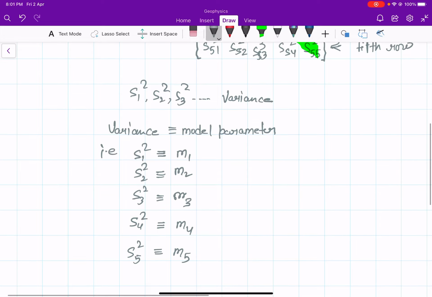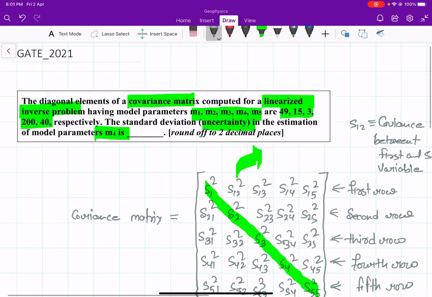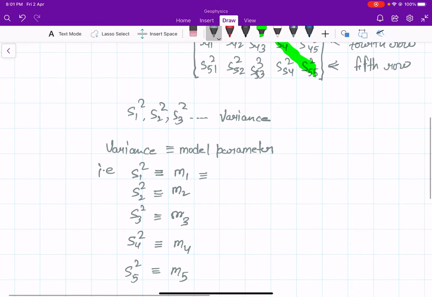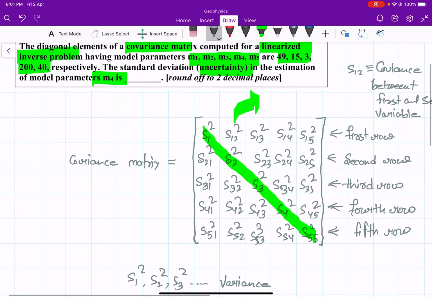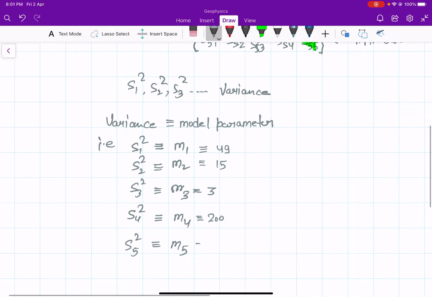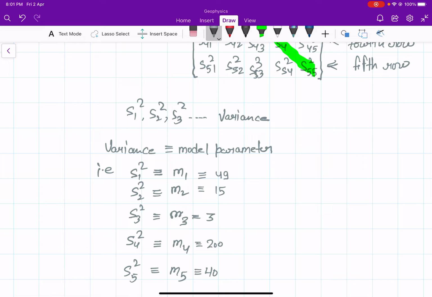So these are the variances, and m1, m2, m3, m4 and m5 are given as 49, 15, 3, 240. So these are either variance or you can say model parameter.